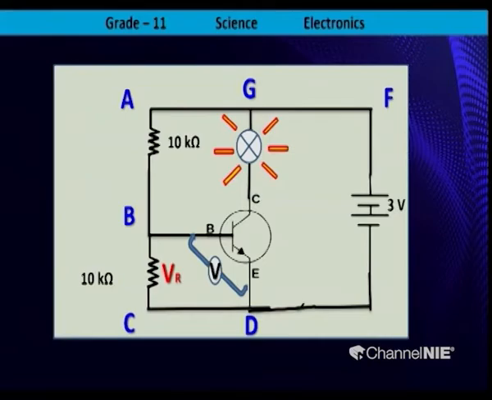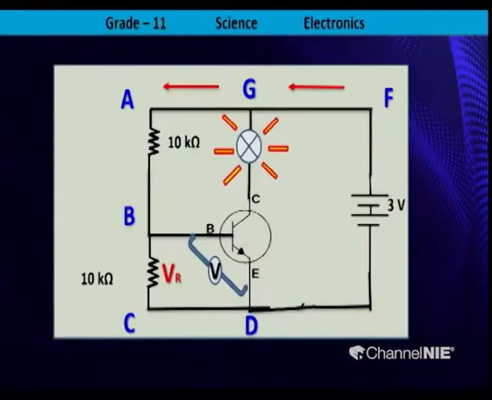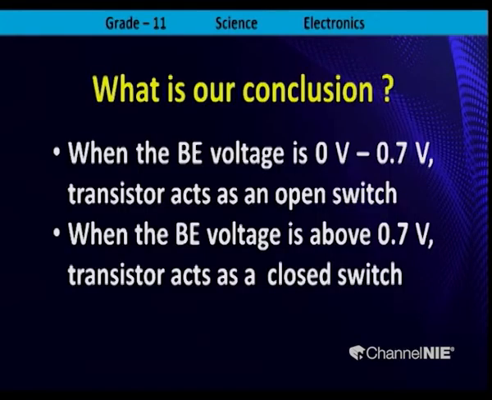Right. What happens? Current passes from the dry cell to F, F to G, G to A, A to B, to the transistor through the base, transistor to the emitter, after that D to the dry cell. As a result, what happened?